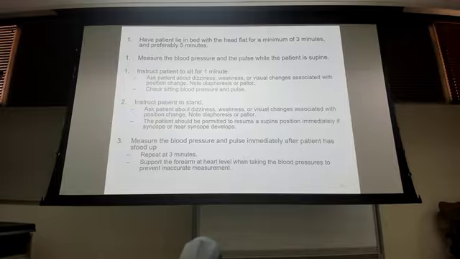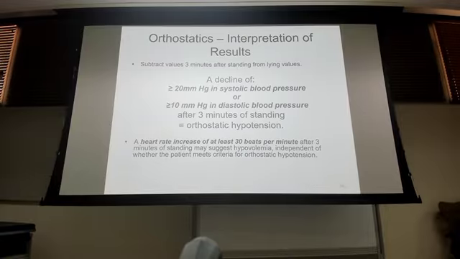They're hypovolemic. You need to know the orthostatics. Boards ask about orthostatics. So there's the interpretation. Orthostatic hypotension: greater than 20 systolic drop, greater than 10 diastolic drop, or the heart rate increases by 30 beats per minute, hypovolemia.